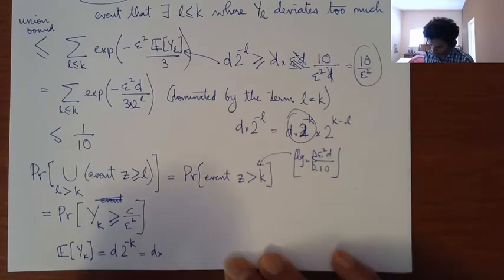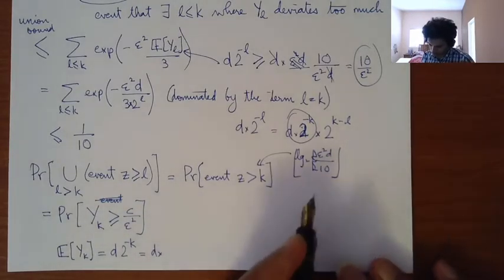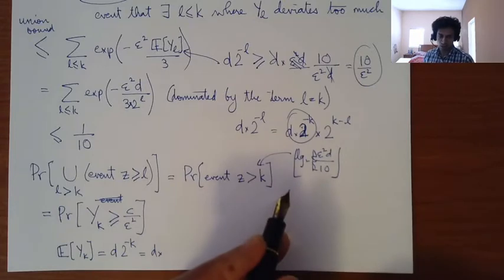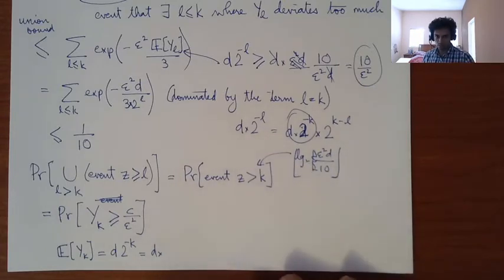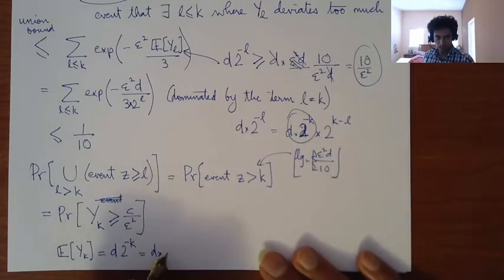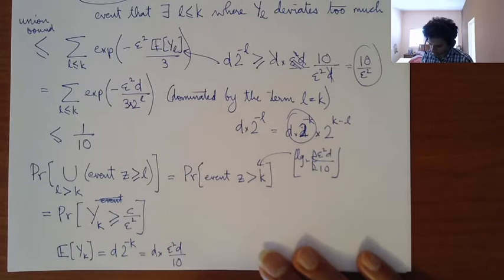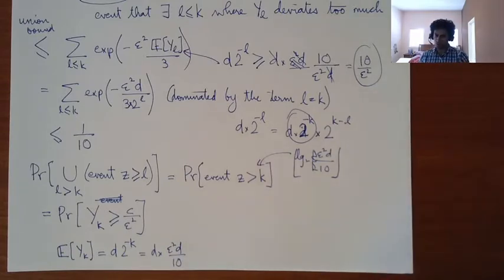So this is d times, essentially you get 2 to that quantity over there. So it's epsilon squared d over 10. I'm probably missing a floor or ceiling.